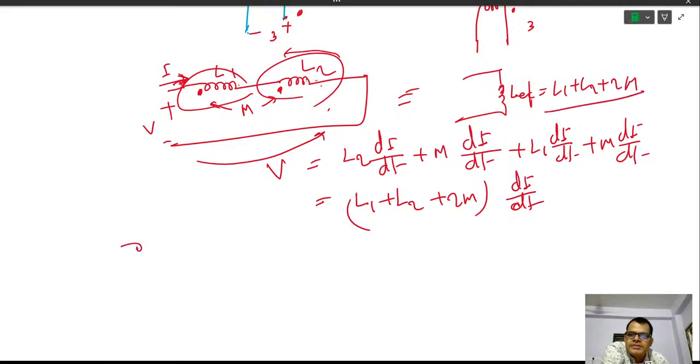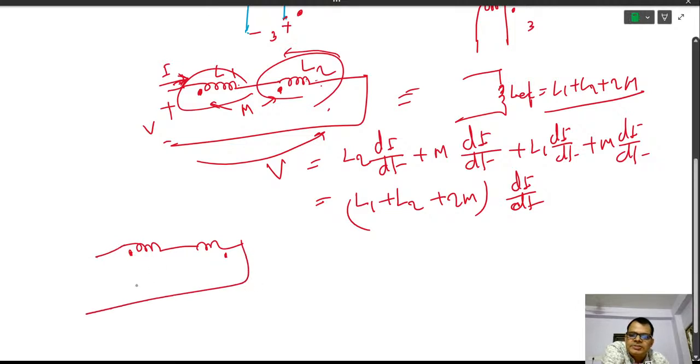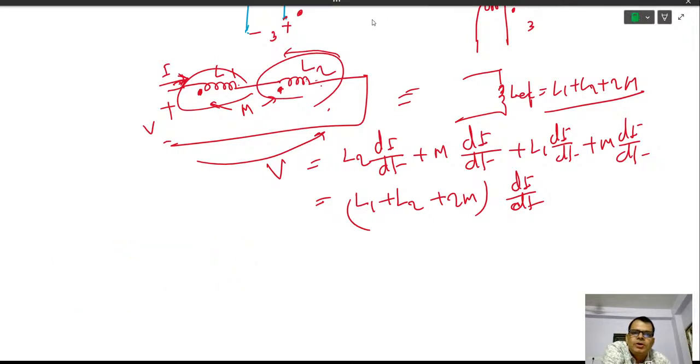In similar fashion, you can also do it for the dot here and dot here. You can remove this dot and represent it with an equivalent circuit like this.